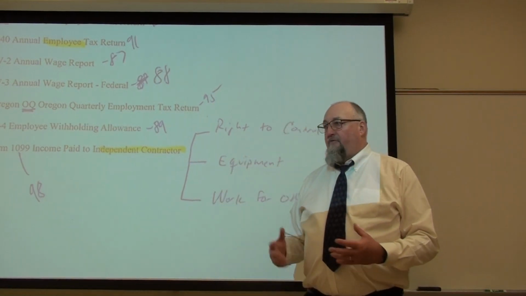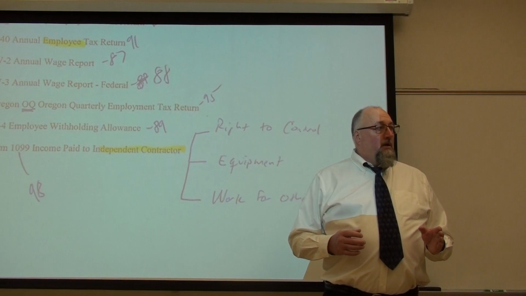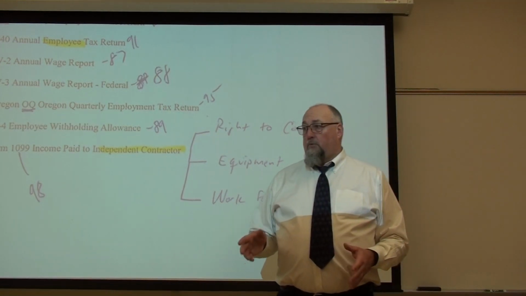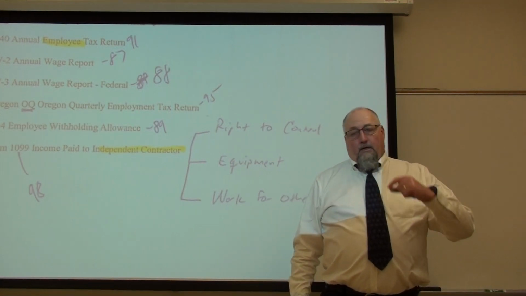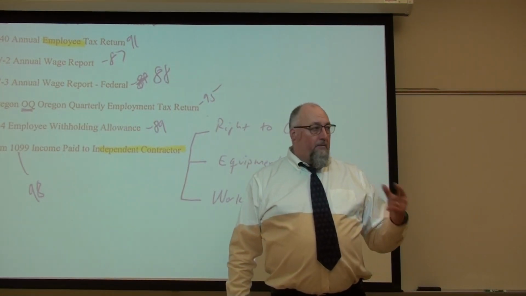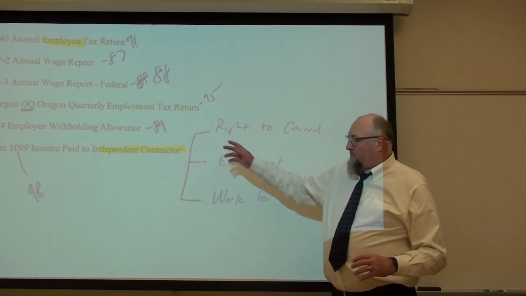And I will tell you right now, for the most part, especially in Oregon, the presumption is that if somebody's doing work for you, they're your employee. You start with them being an employee, and then the burden is on you as the employer to prove they're not. So here's what we're looking at.